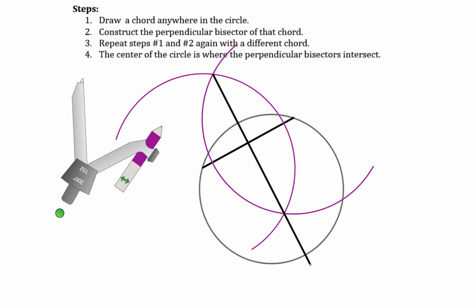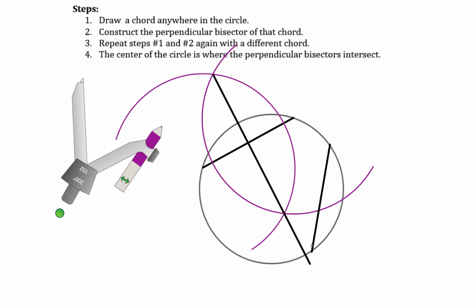Okay, and then you're going to construct another chord, and you want to do it in a way so that it's not parallel to the original chord, otherwise the perpendicular bisectors are just going to run into each other. So make them slanted toward each other.